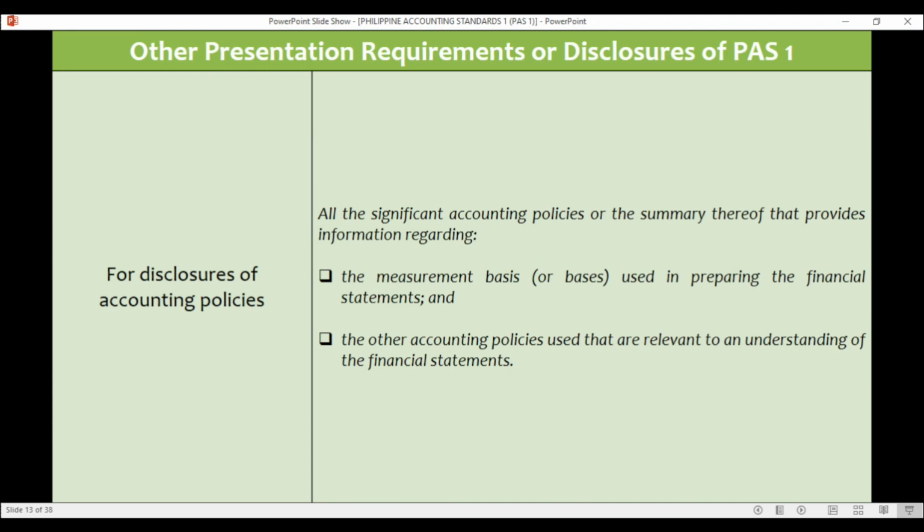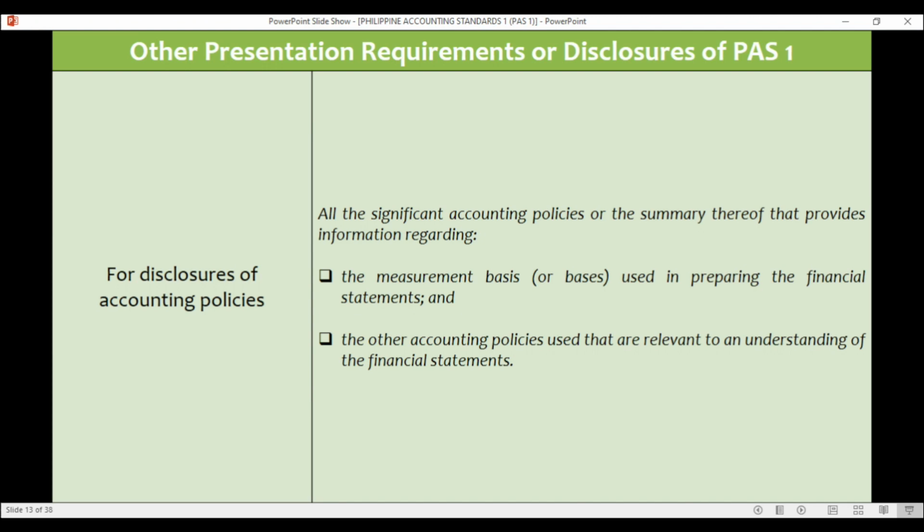For other accounting policy disclosures, all significant accounting policies or summary thereof that provides information regarding the measurement basis used in preparing the financial statements, usually referring to the measurement basis of each line item, for cash and cash equivalents, trade and other receivables, property, plant and equipment, and other assets and liabilities.